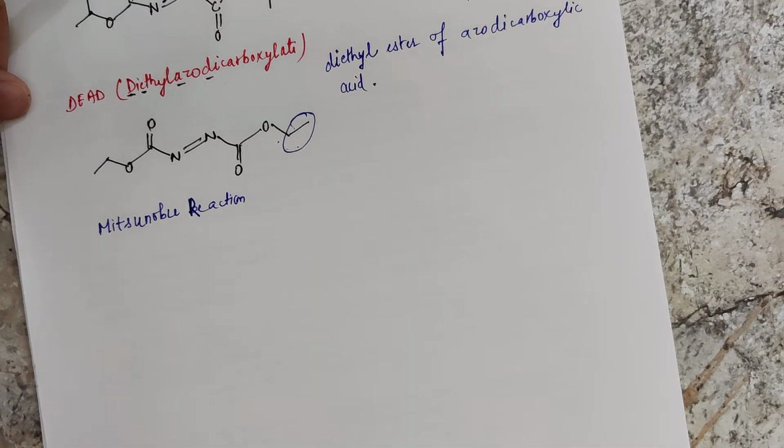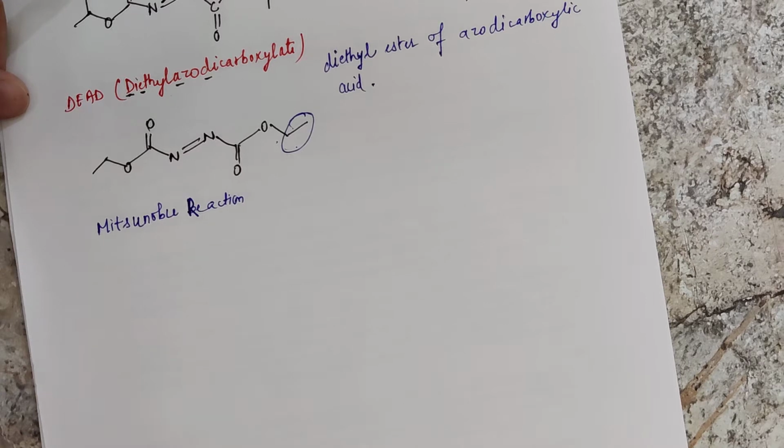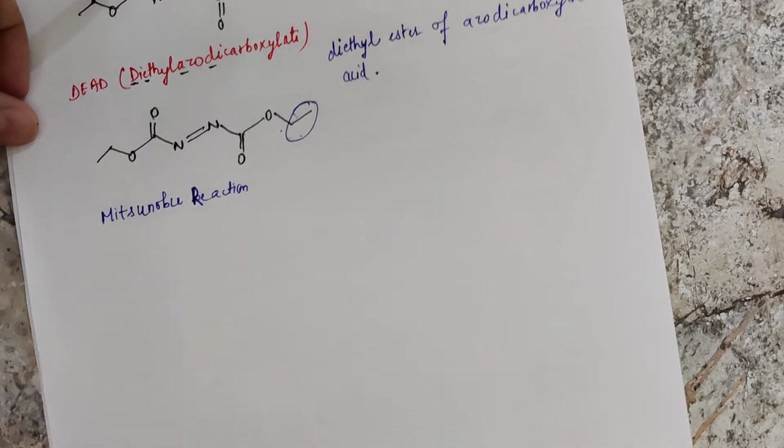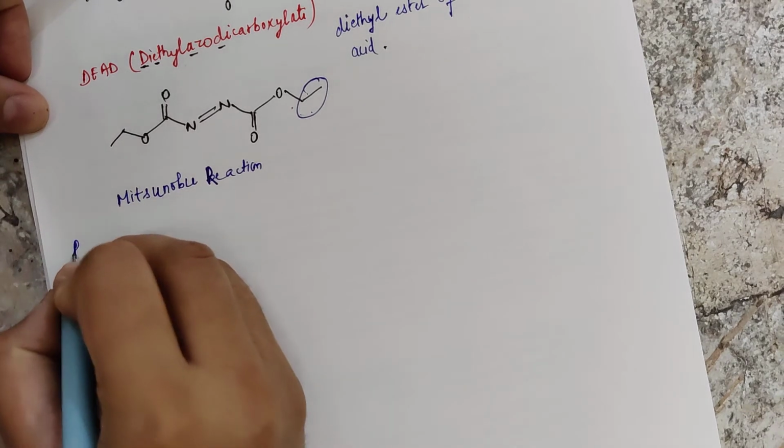In this reaction, ester of alcohol is generally prepared from a secondary alcohol. So the reaction we will see later. But first of all, we will see the preparation.